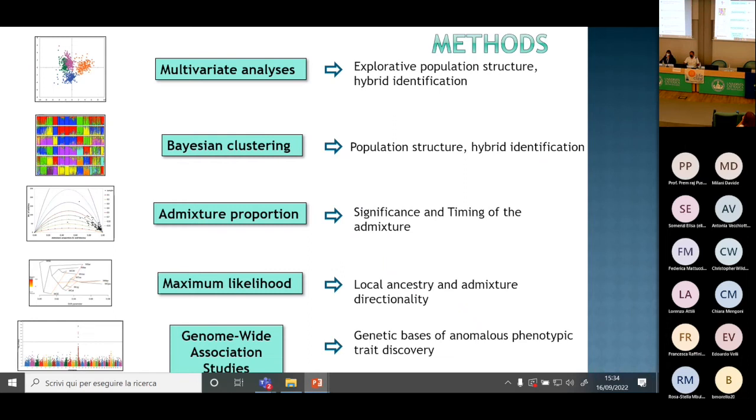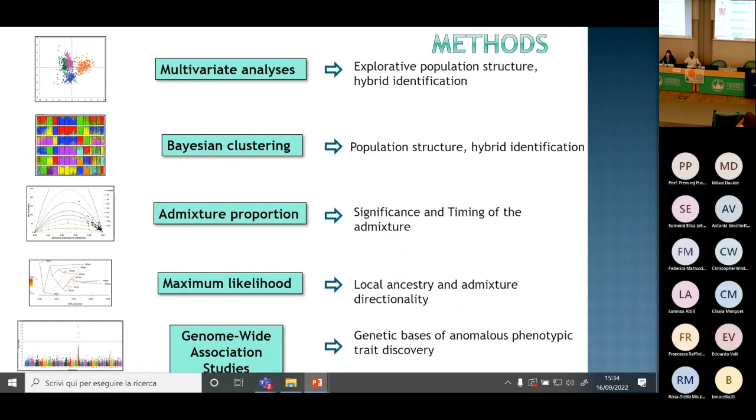Multilocus genotypes were used to carry out multivariate, Bayesian, and maximum likelihood analysis to investigate population structure and for a preliminary hybrid identification.